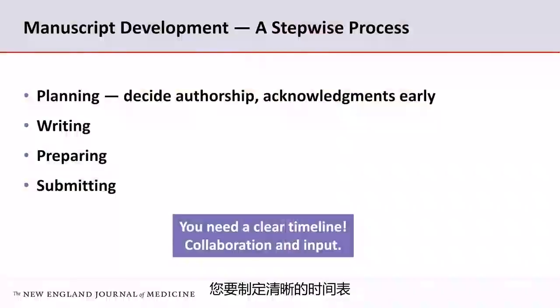Manuscript development is a stepwise process. You need to develop a clear timeline, obtaining appropriate collaboration and input all along the way. The process will necessitate planning, deciding on authorship, acknowledgments, and phases early, and then writing the paper, preparing it assiduously, and finally submitting it.